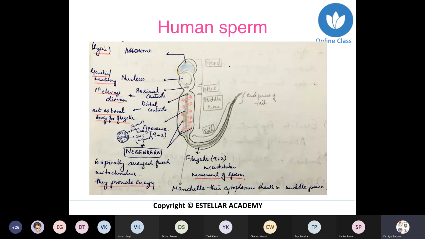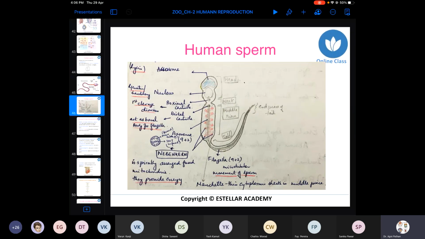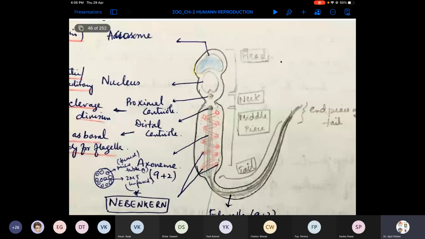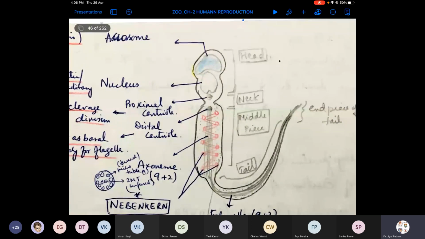Now you need to draw this diagram. First, you draw this. I'm just zooming it so that you can draw this labeling part. I'll help you out. Start drawing this. Just draw this labeling part. Come on, quick.